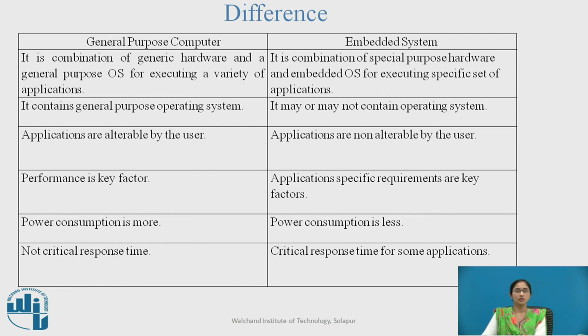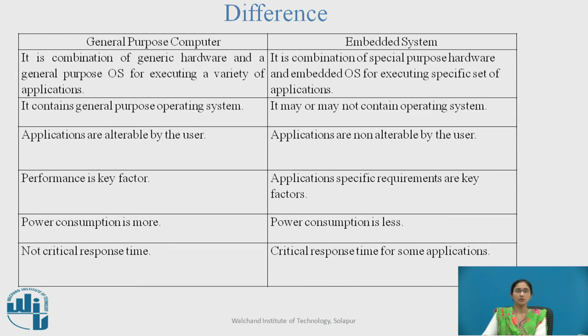Difference. General purpose computer is a combination of generic hardware and a general purpose OS for executing a variety of applications. Embedded system is a combination of special purpose hardware and embedded OS for executing a specific set of applications.